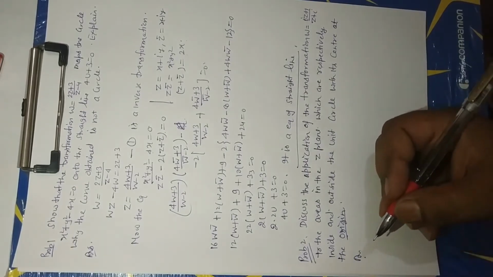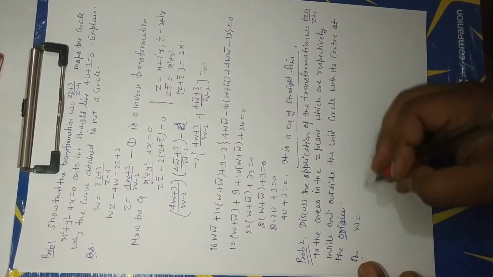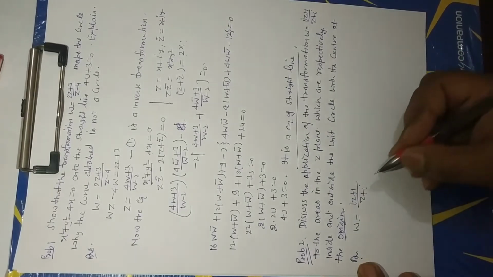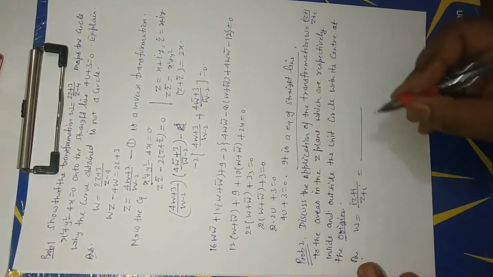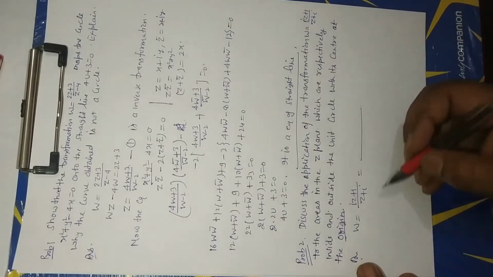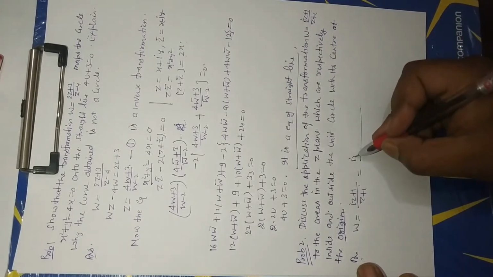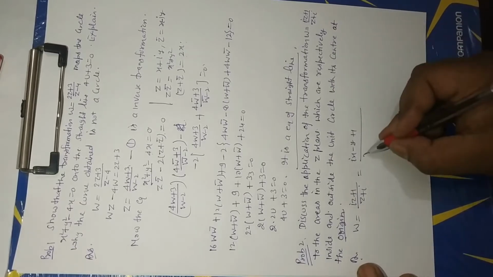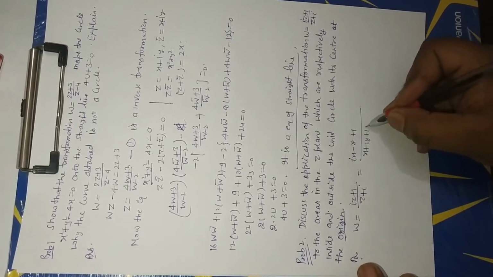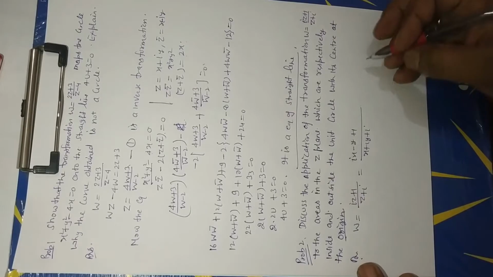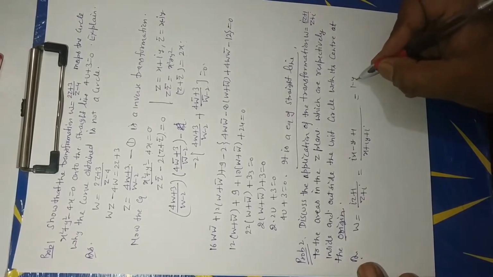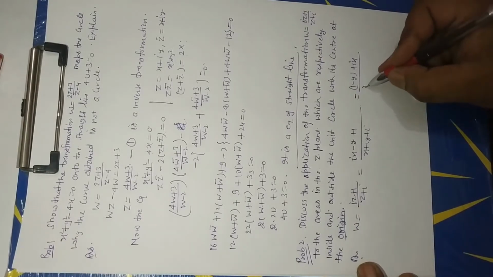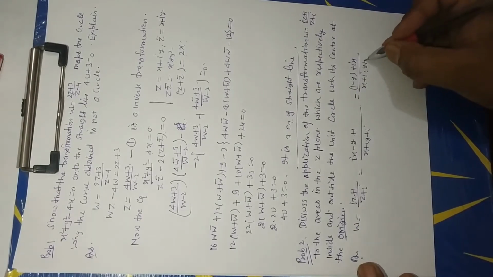Now solution. w is equal to iz plus 1 upon z plus i is the given transformation. Now putting the value of z, ix minus y plus 1 upon x plus iy plus i, this is equal to 1 minus y plus ix upon x plus i times y plus 1.